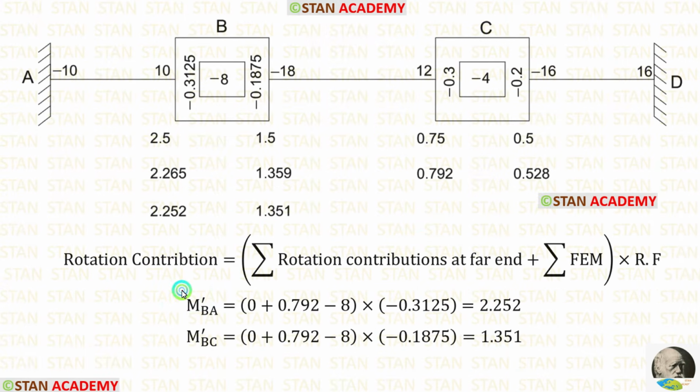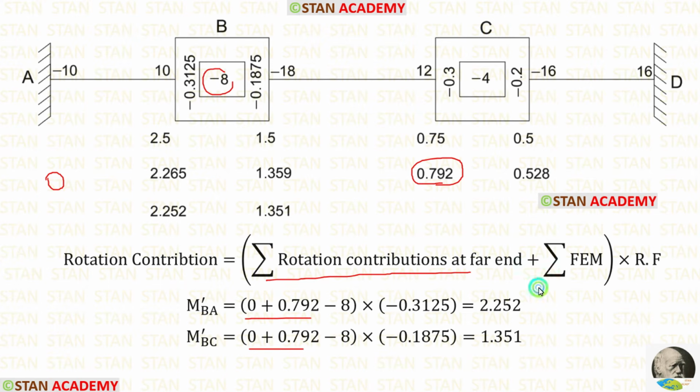Let us calculate m dash BA and m dash BC. In the point A, the rotation contribution is 0. In the point C, the rotation contribution is 0.792. So for the summation of rotation contributions at far end, we are having 0 plus 0.792. The summation of fixed end moments is minus 8.